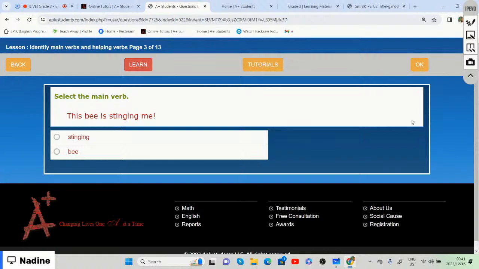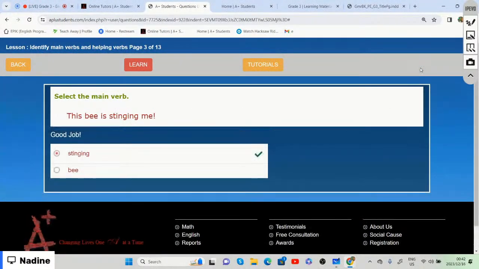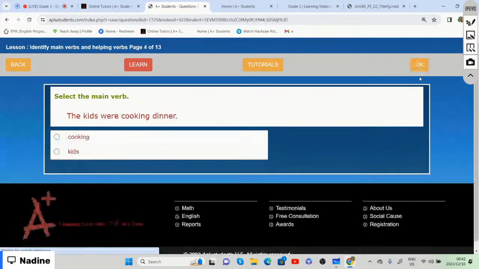And if we select the main verb, it says the bee is stinging me, and then we can say stinging is our main verb. So good job, everybody. Stinging is correct. That is our main verb.